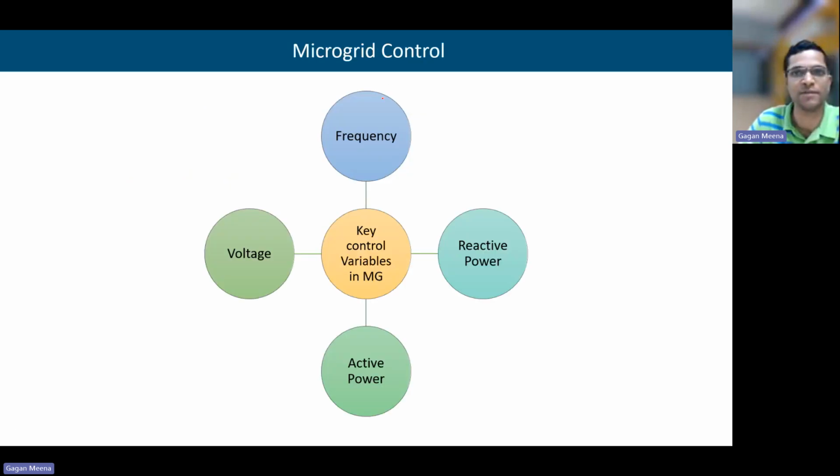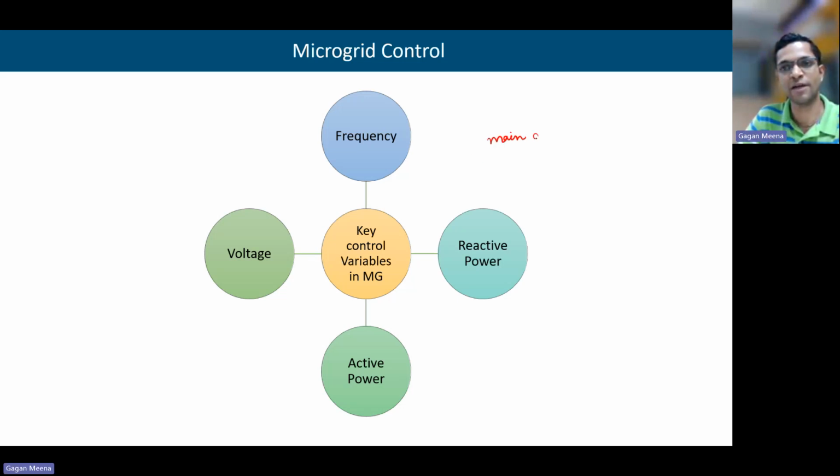We'll start with the microgrid control first. What are the key control variables which we are required to control in the microgrid, and even in the normal grid, the main grid also?